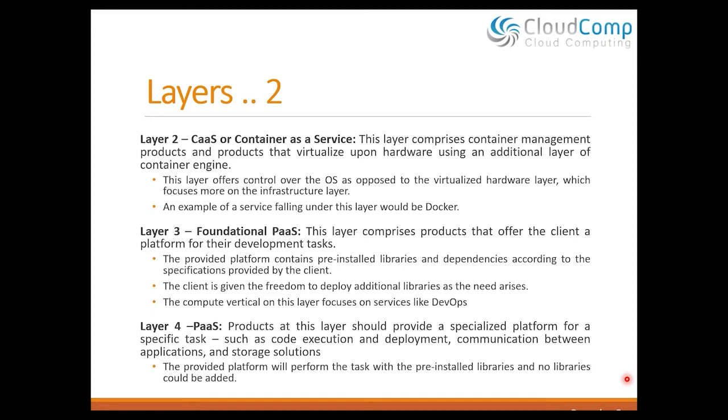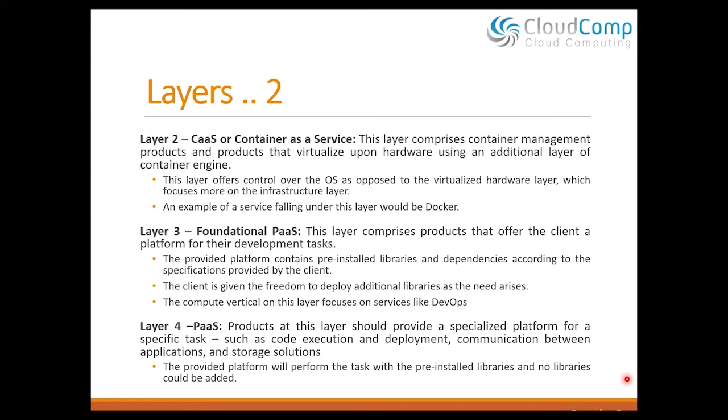The foundational PaaS provides various products that offer the client a platform for their development tasks, with pre-installed libraries and dependencies according to the specification provided by the customer. Examples are Amazon S3 with coordinate 3S, and Docker Swarm with coordinate 3N.